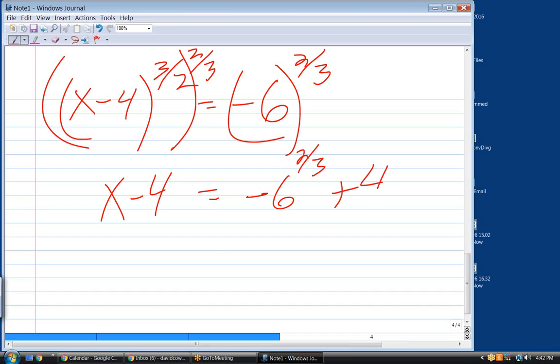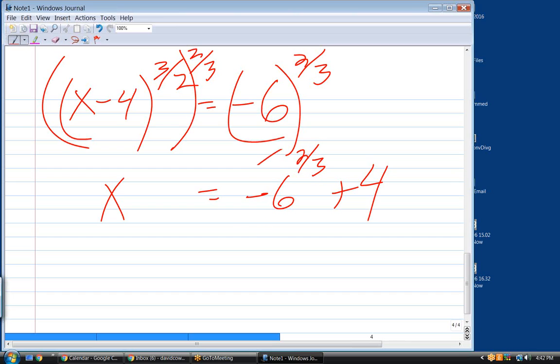Add 4. There's my answer. Now, it's not a very pretty answer. I guess they did it intentionally. When you take these fractional exponents, the bottom number is always the root, the top number is always the power.